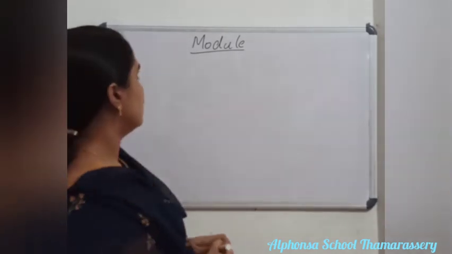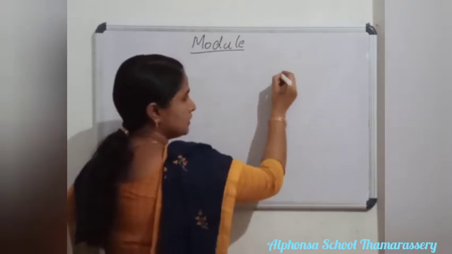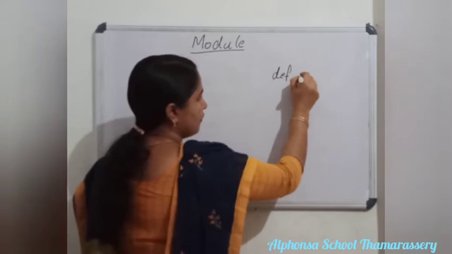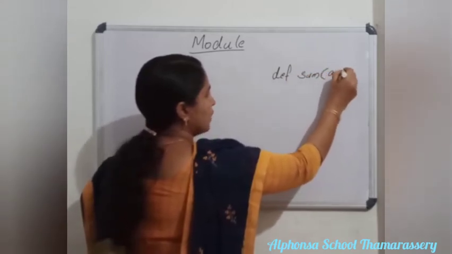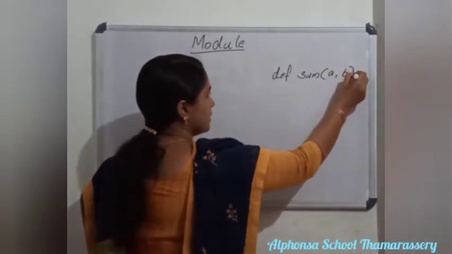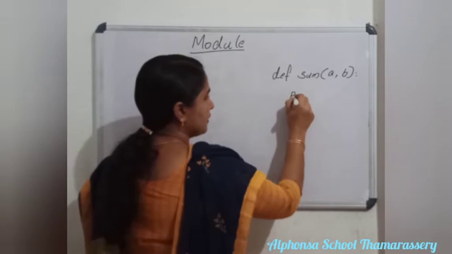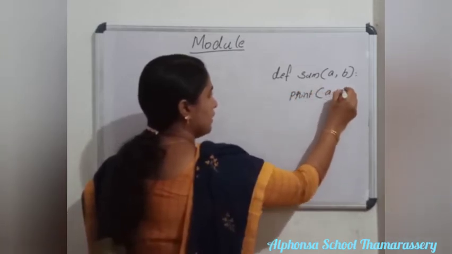We can write a program with two functions. I am defining two functions: def sum, to find the sum of two numbers, so two arguments are there. Then I am printing the sum of a and b.